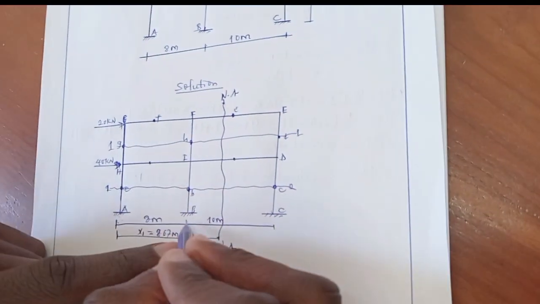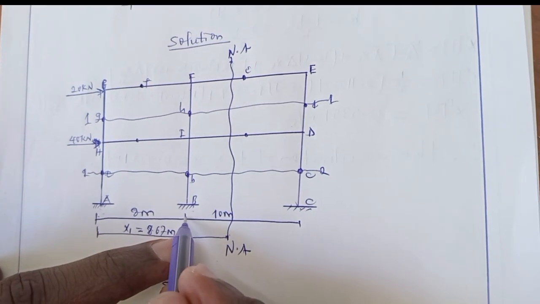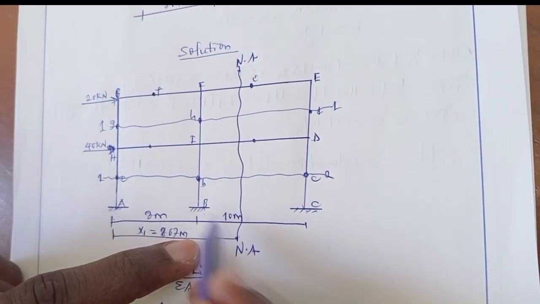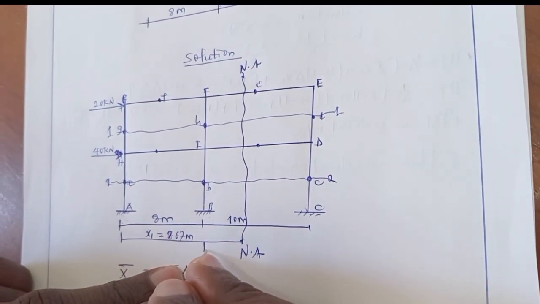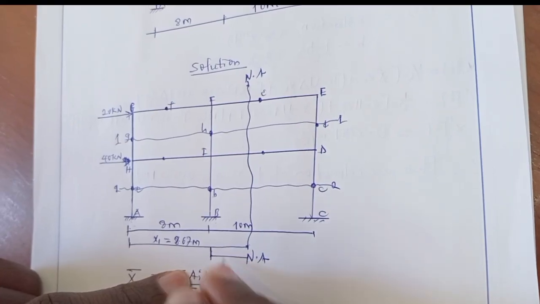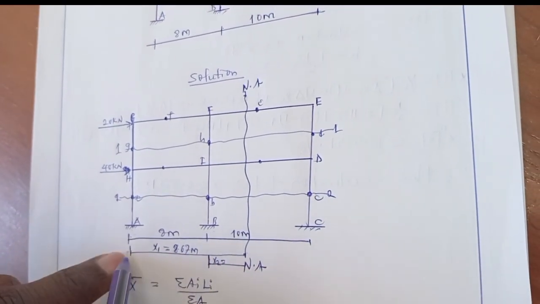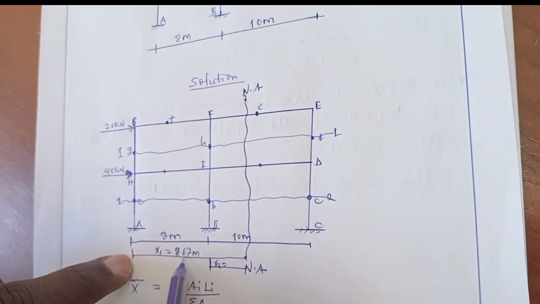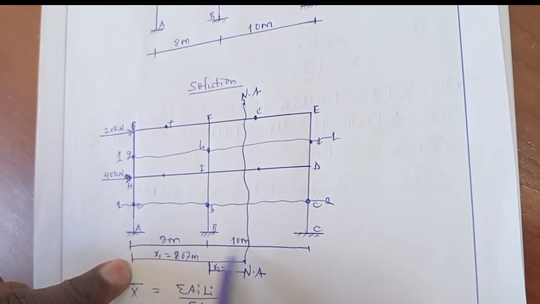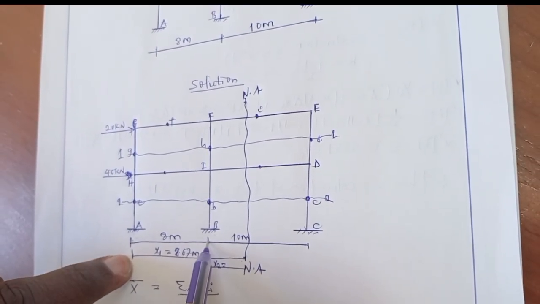And the distance from this column member to the centroid will be x2, where from this point to this point is 8.67, and from this point to this column member is 8.